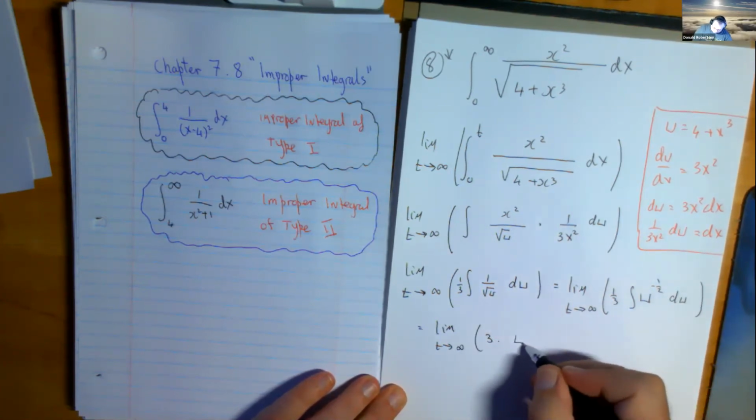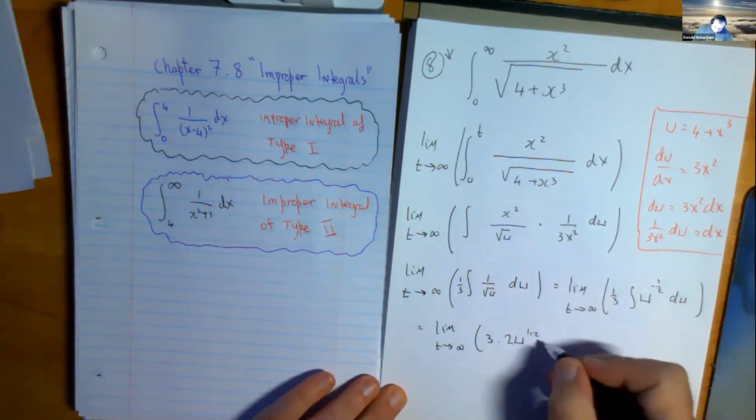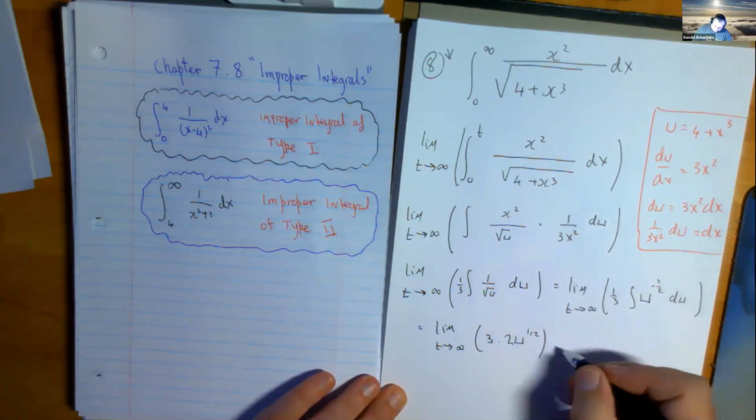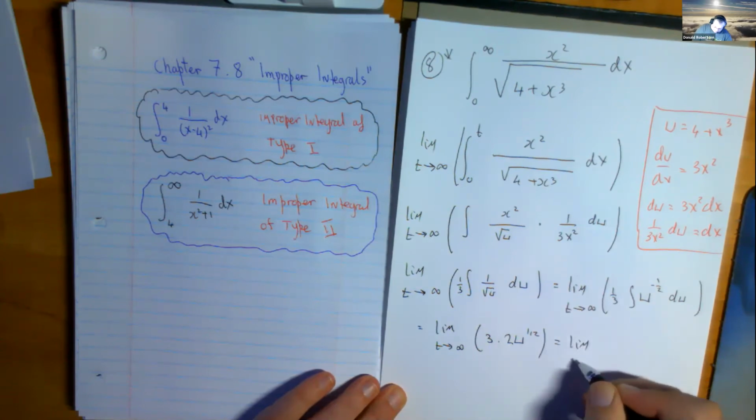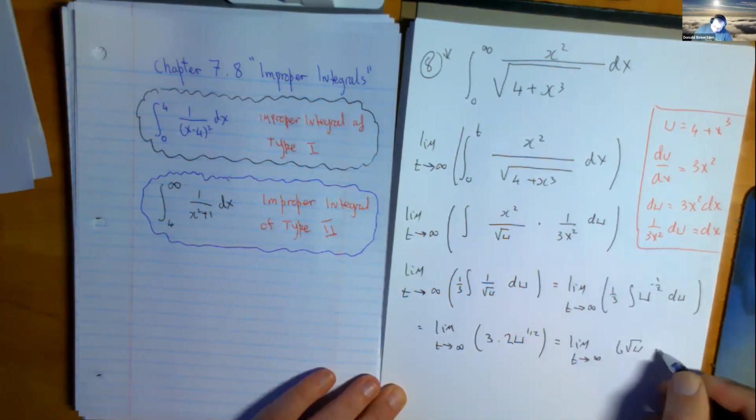Add 1 to the power is u to the half. Divide by that new power gets you 2. That's going to be the limit as t tends to infinity of 6 square root of u.